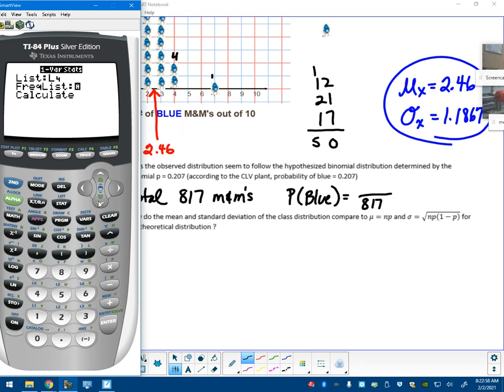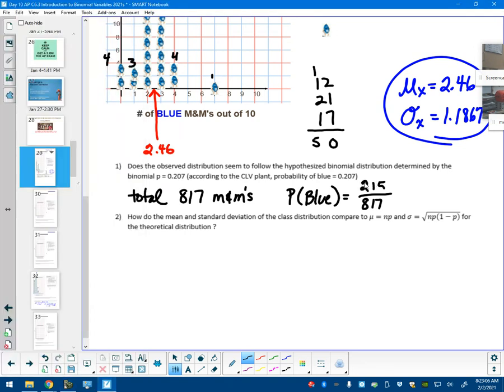And that tells me that we had a total of 215. So what is 215 divided by 817? What's the proportion? I think it's going to be a little higher than the 20%.